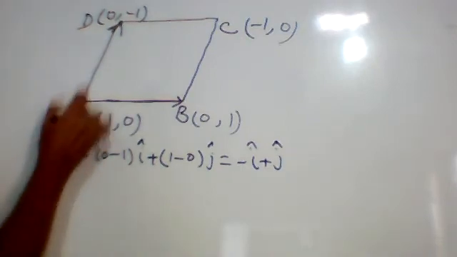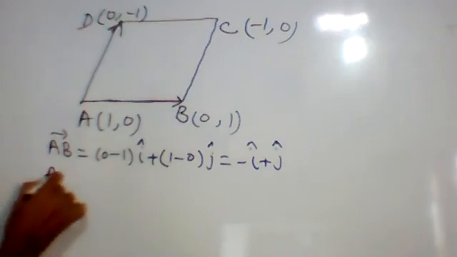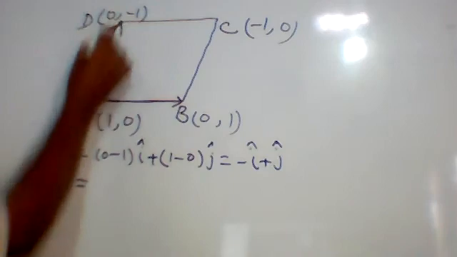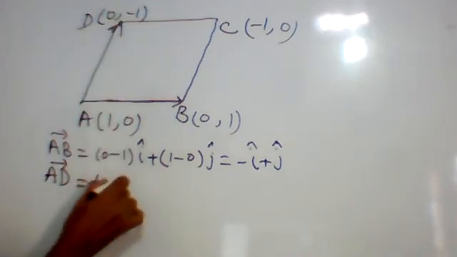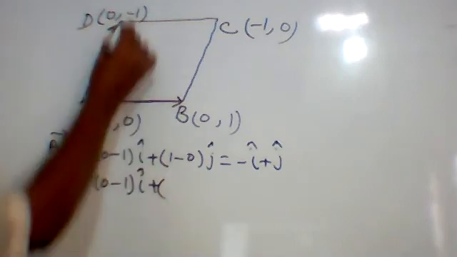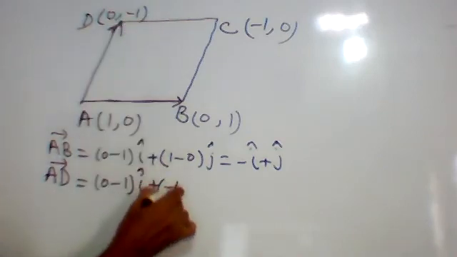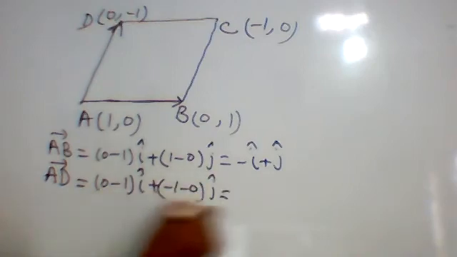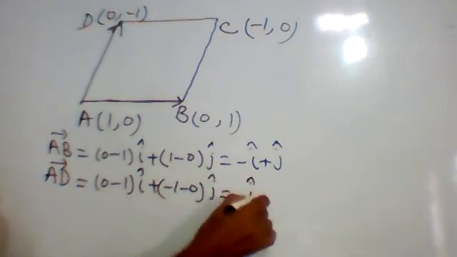Now we will find vector AD: (0 minus 1) i plus (minus 1 minus 0) j, so it will become minus i minus j.